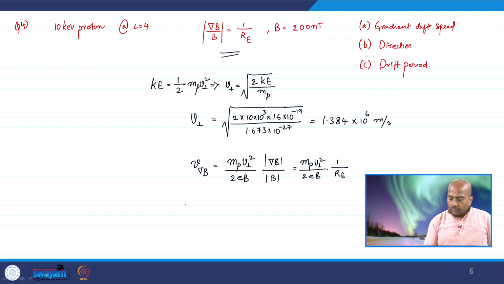So, we can calculate the v_del_B by substituting everything.